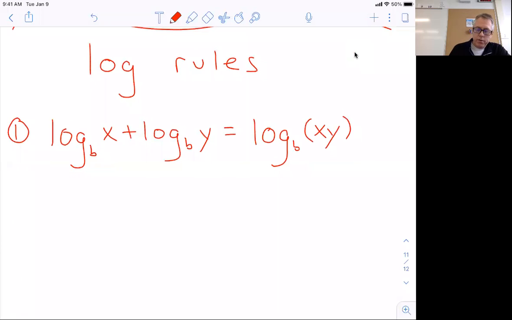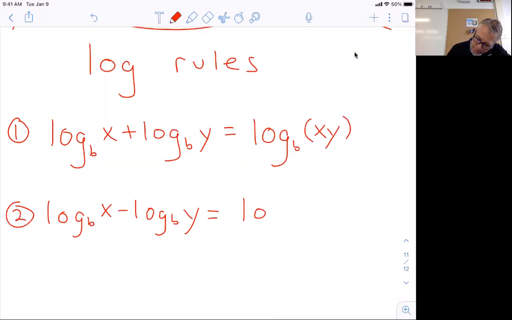There's an addition rule, and there's a subtraction one. So if addition becomes multiplication, subtraction becomes division, right? If I have log base b of x minus log base b of y, that's going to be log base b of x divided by y.